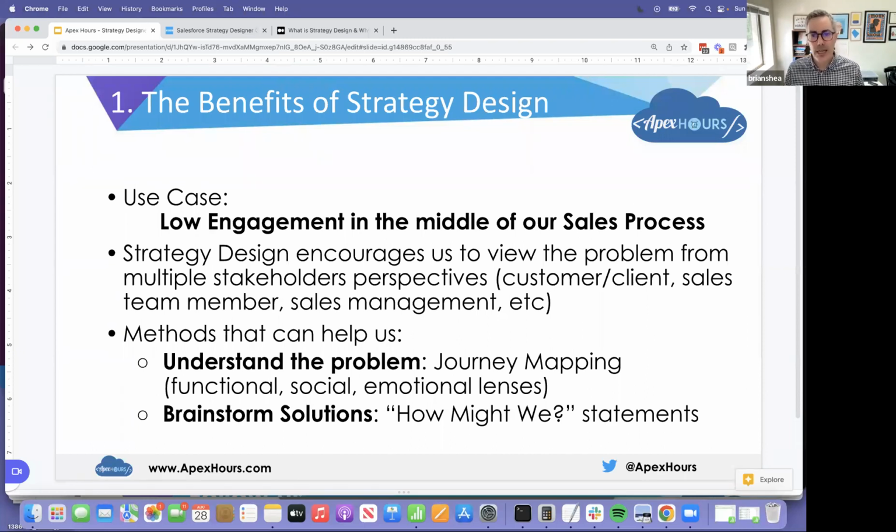One of the things that we said journey mapping brings to the table that you might not be doing now is to not only look at our sales process from the perspective of the functional steps that happen, and particularly the functional steps that happen as it relates to Salesforce, but to broaden the lens a little bit and to understand what happens from the perspective of our multiple stakeholders.